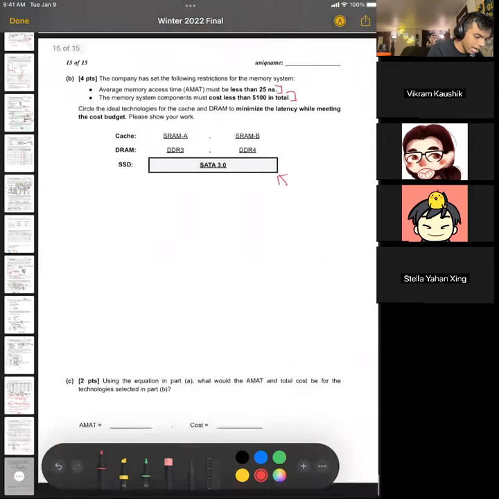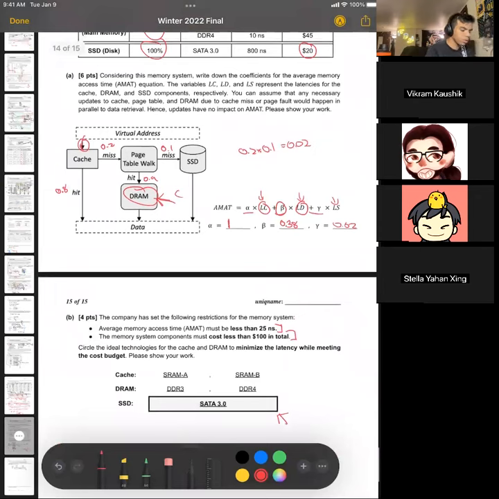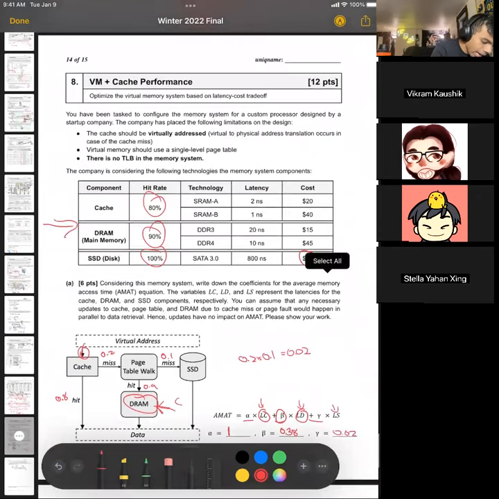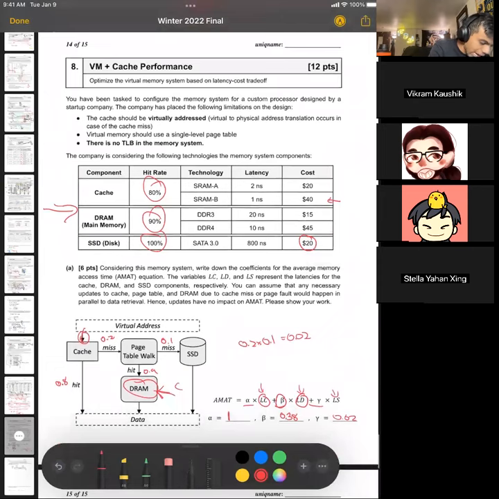So that means I have $80 left to choose between my cache and my DRAM. Let's assume I chose the more expensive cache, cache B. If I choose cache B, I cannot afford DRAM 4, so I have to use DRAM 3.